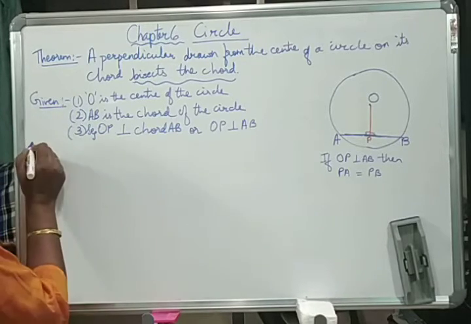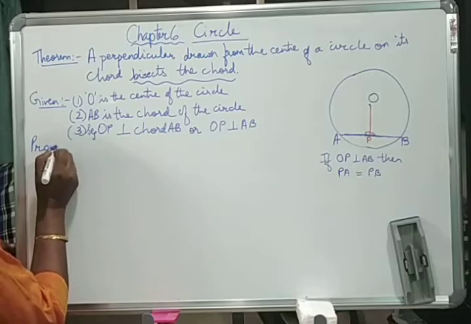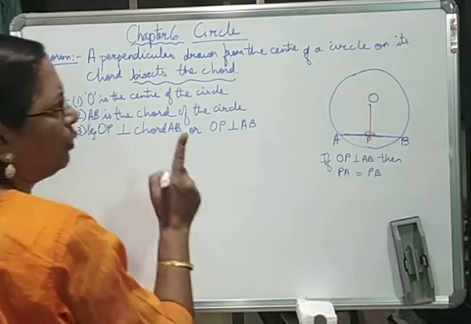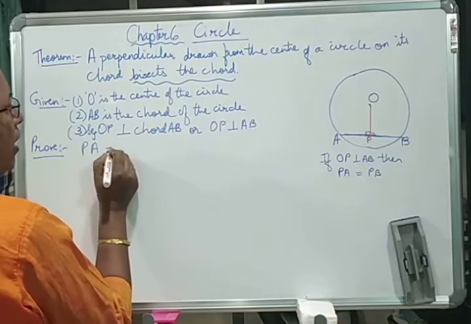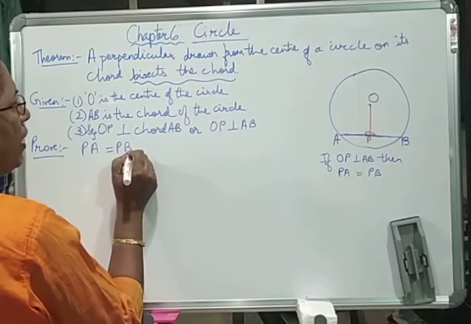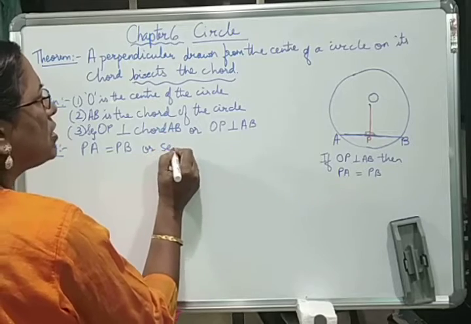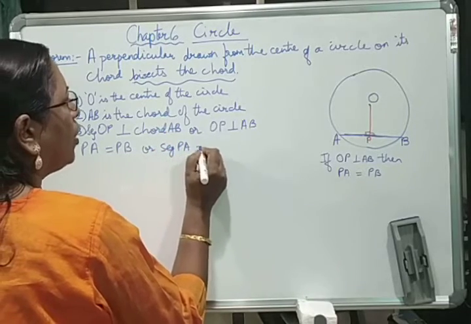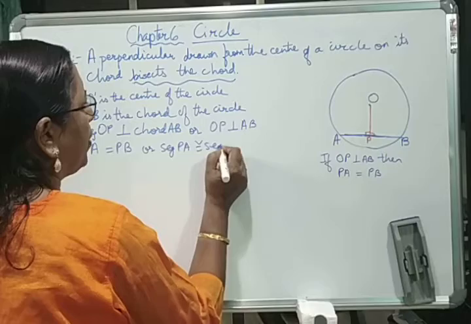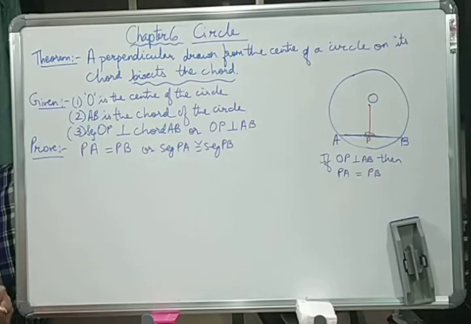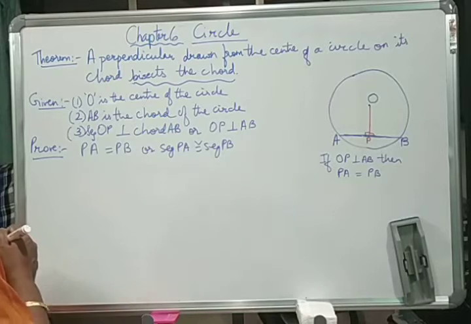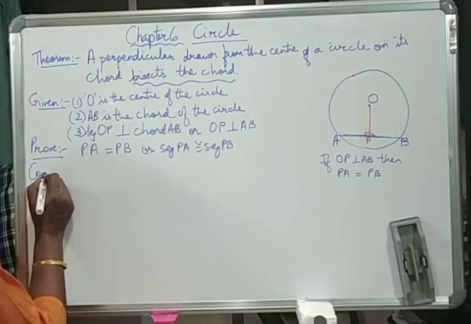Now, what we have to prove is that PA is equal to PB, or segment PA congruent to segment PB. Anyone you can write it. This is what we have to prove. Next comes a construction after proof.